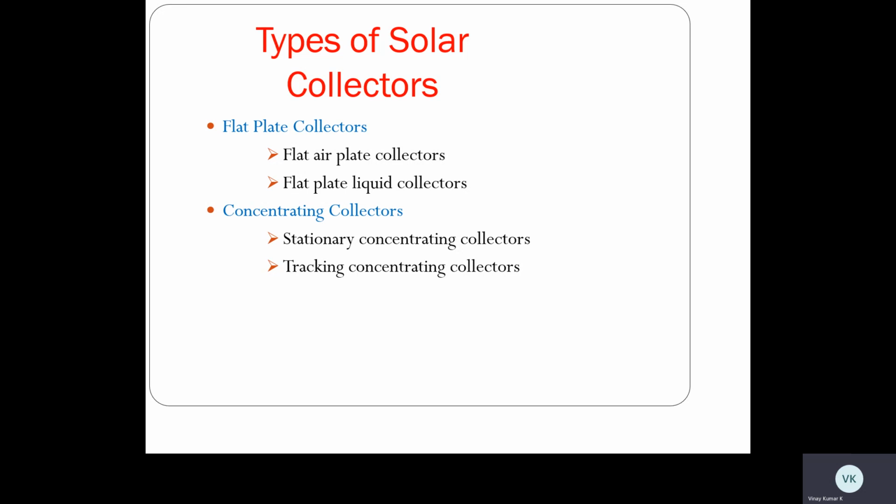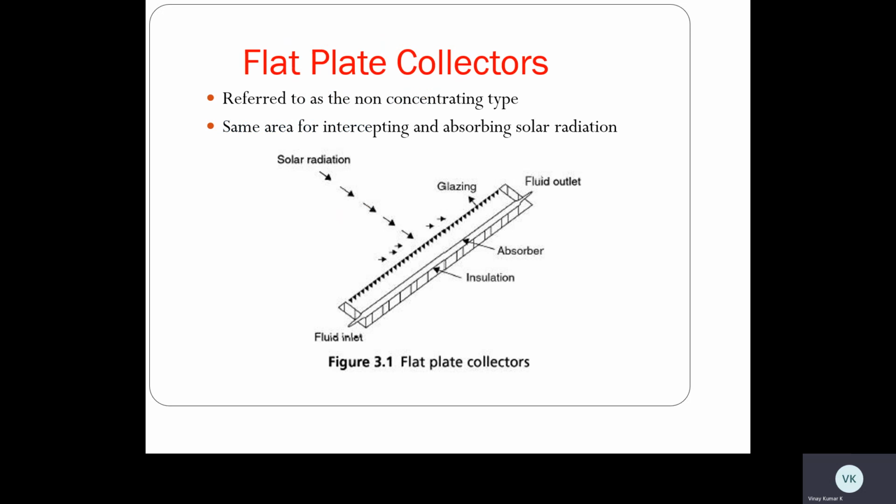So the first thing is flat plate collectors. We can see what is meant by flat plate collectors. These are the most common type of collectors in today's applications. Wherever we use solar collectors, normally we can observe flat plate collectors, and they are also referred to as the non-concentrating type.